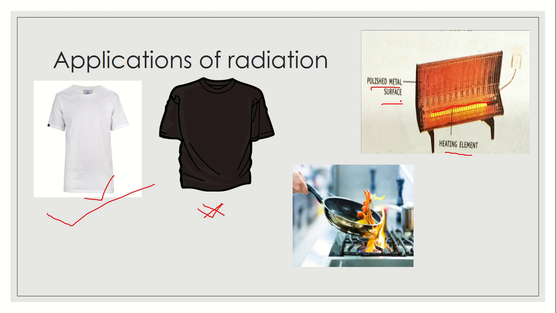If it were absorbed, how would it reach us? Now the example of cooking bases again. The cooking bases are normally colored black. The dark colored ones are used so that the heat is absorbed more and the cooking time is less.